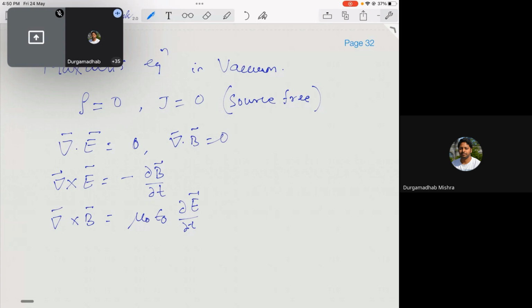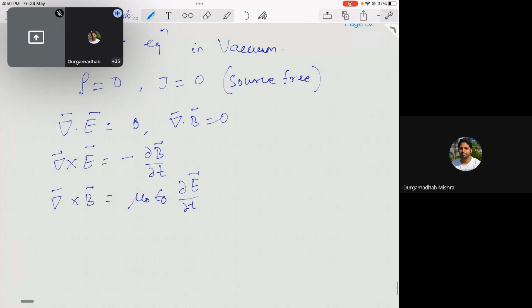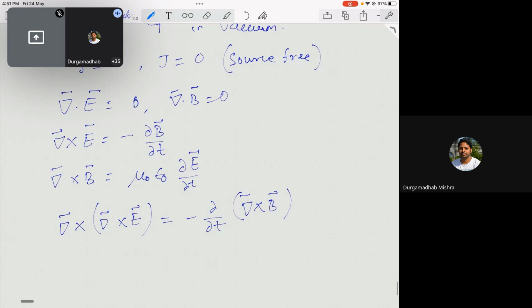So if I now take, let's say, the curl of these two equations. Let's take the first equation and calculate the curl of it. I can interchange, because one is a space operator and one is a time derivative, so I can exchange them.